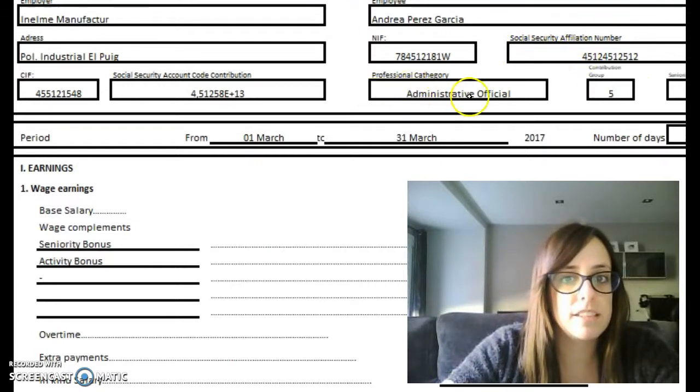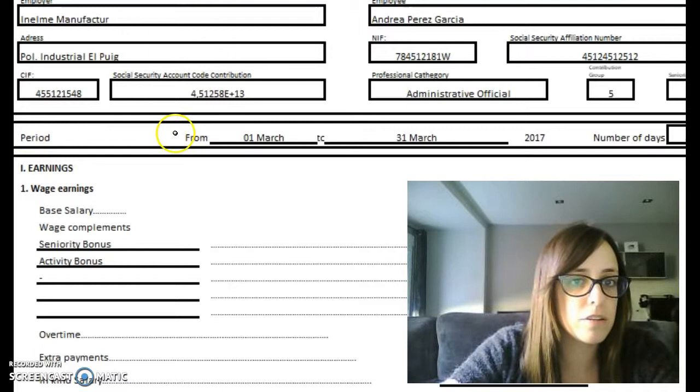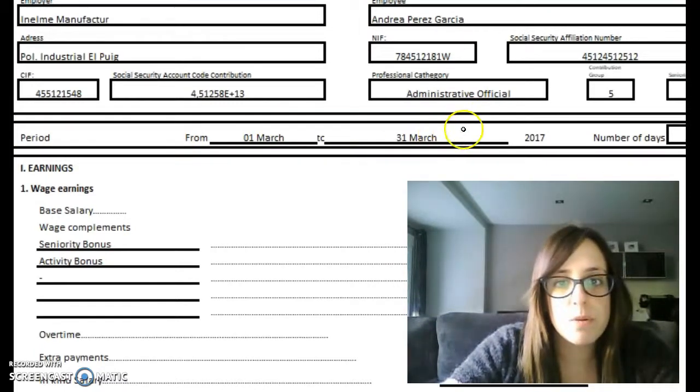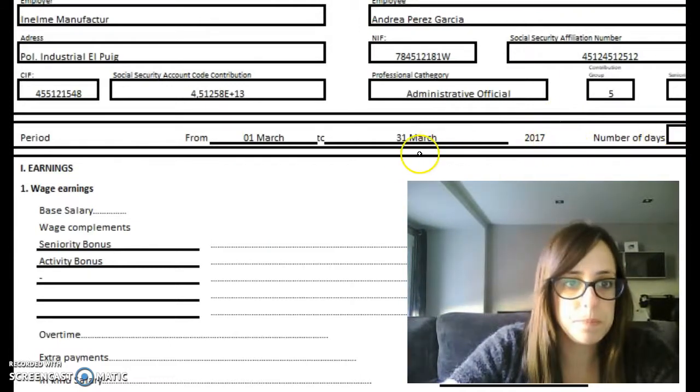Her professional category, administrative official, and contribution group 5. The period from 1 March to 31 March 2017. The number of days, 31.